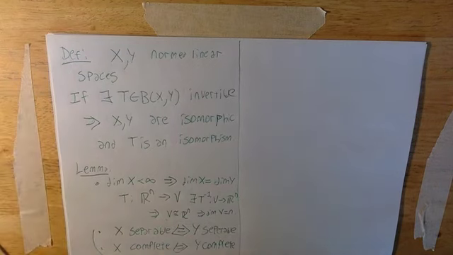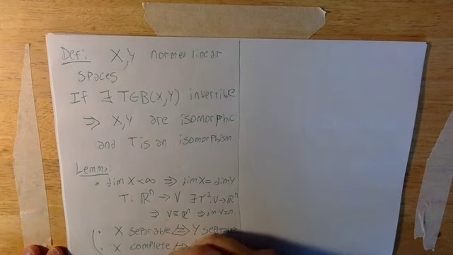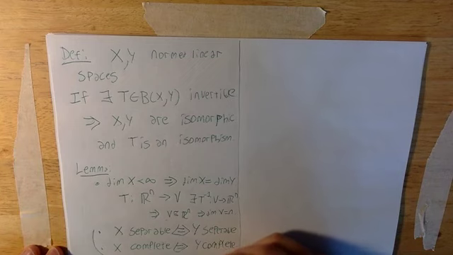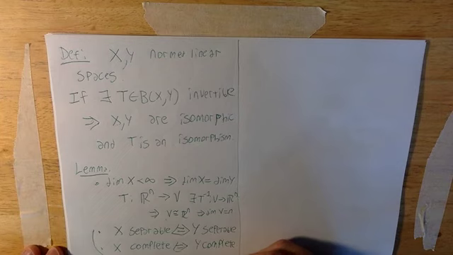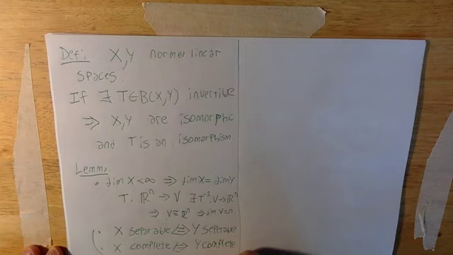Okay, so two spaces have the same topological properties if they are homeomorphic to each other. So isomorphic spaces are homeomorphic, which implies point set topology invariance.